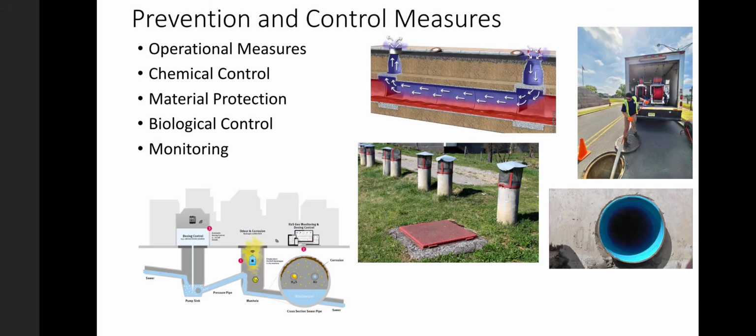And also proper monitoring, like routine checks, weekly checks, maintenance, cleaning of the sewer, removal of clogging, and every necessary step to control sewer corrosion should be done periodically. So these are the prevention checks we have to do, so that we can control the sewer corrosion happening inside.